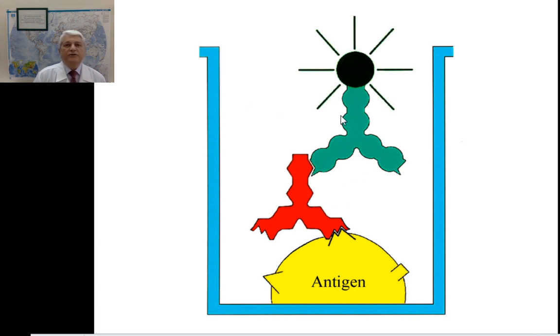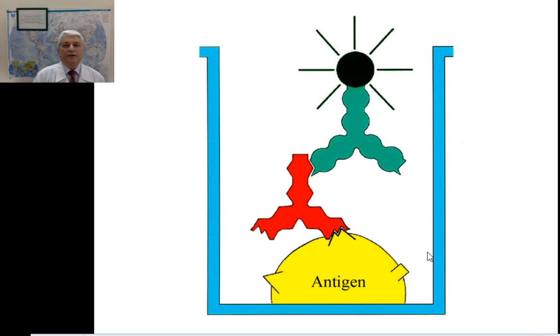The next stage, we pour a solution of antibodies against mouse antibodies, and they specifically react. These antibodies are marked with a special enzyme, for example peroxidase, and this peroxidase will change the color of the stain that we also add to this test tube.